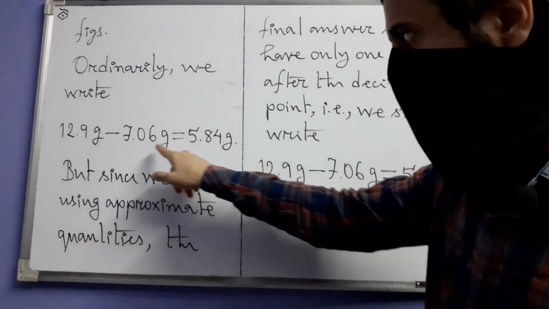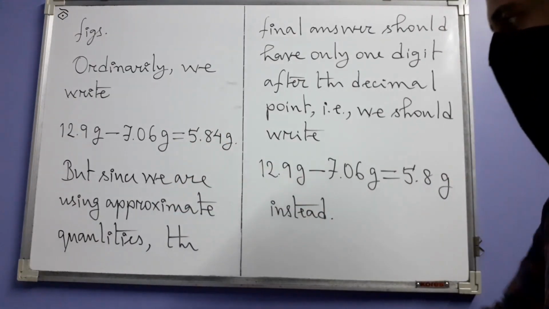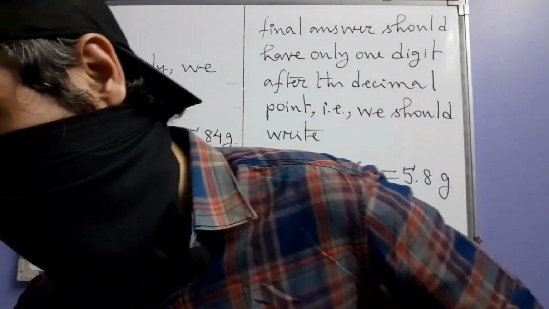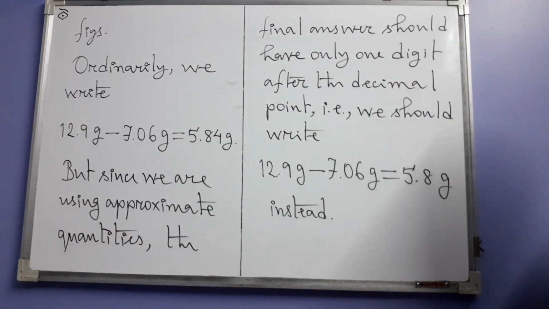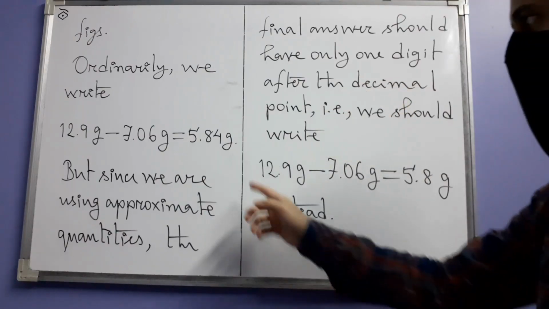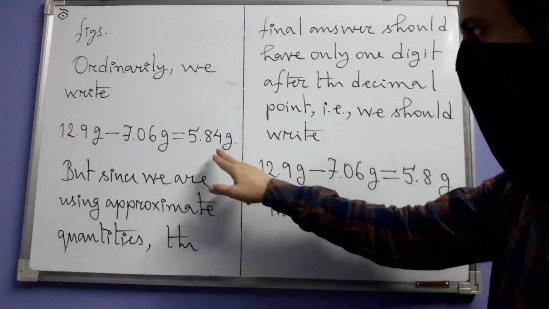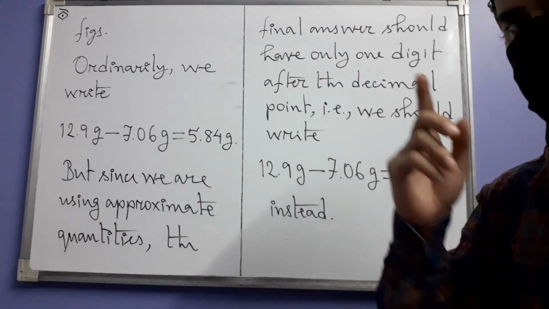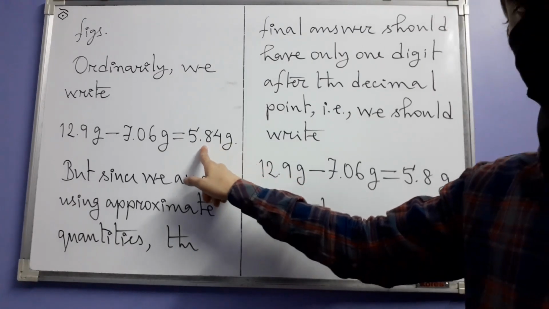If you just do the mathematical subtraction, you get this value, 5.84 gram, and in fact I have written it, but since we are using approximate quantities, the final answer should have only 1 digit after the decimal point. For that you have to remove this 4, and because you are removing 4, the rounding off rule comes in: it is less than 5, so nothing happens to this 8.